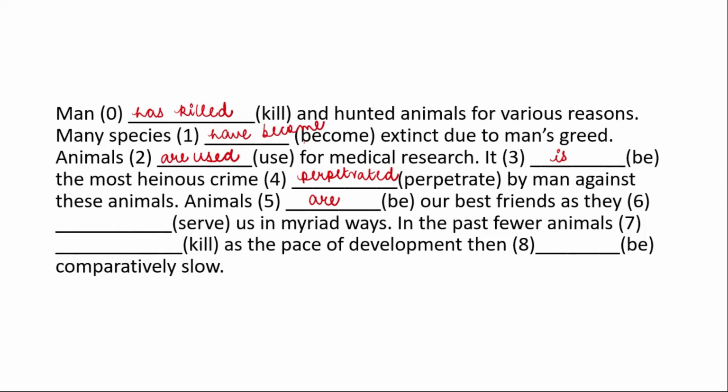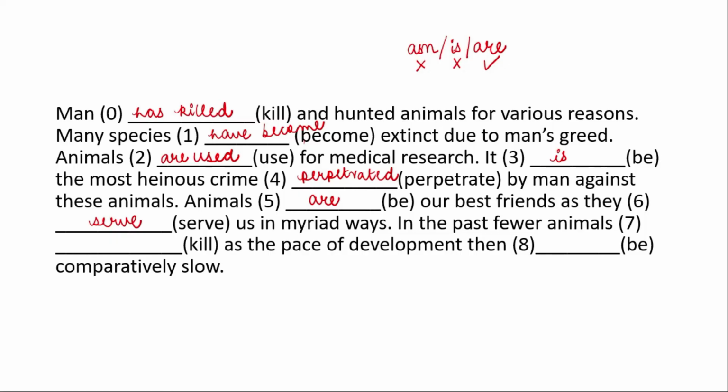Animals are our best friends. See, in present tense, is, am and are will come. In that, am cannot come, is cannot come, because it is animals, so only are can come. Animals are our best friends as they serve us. So there's no change here. Present tense. As they serve us in myriad ways.